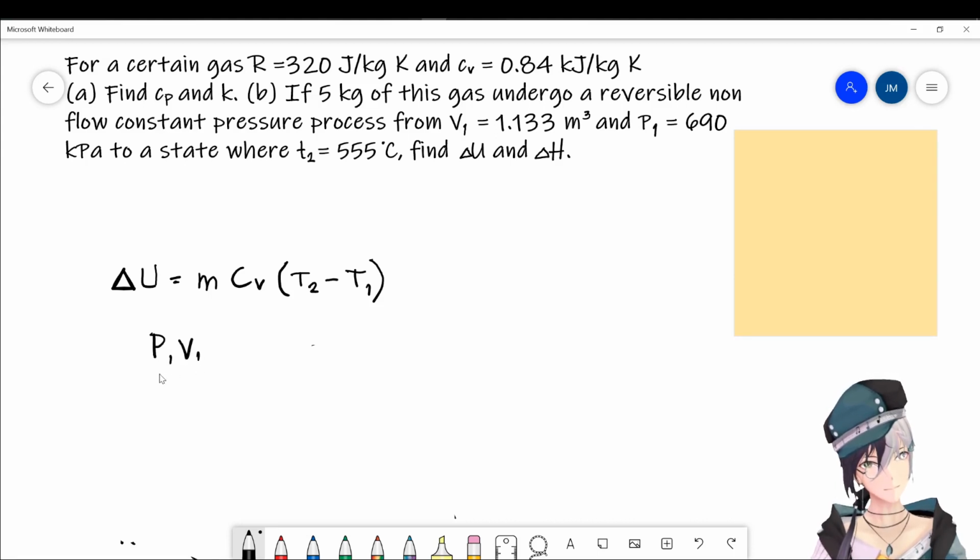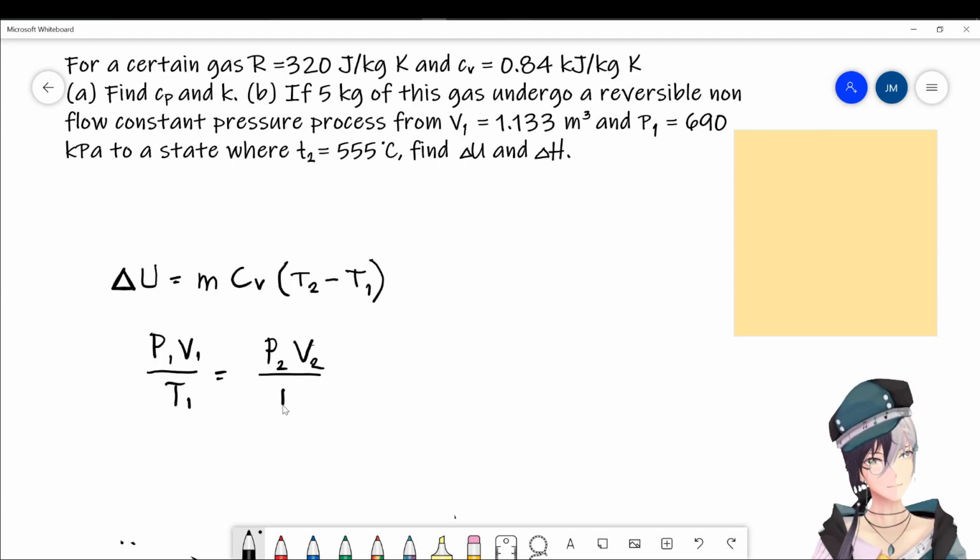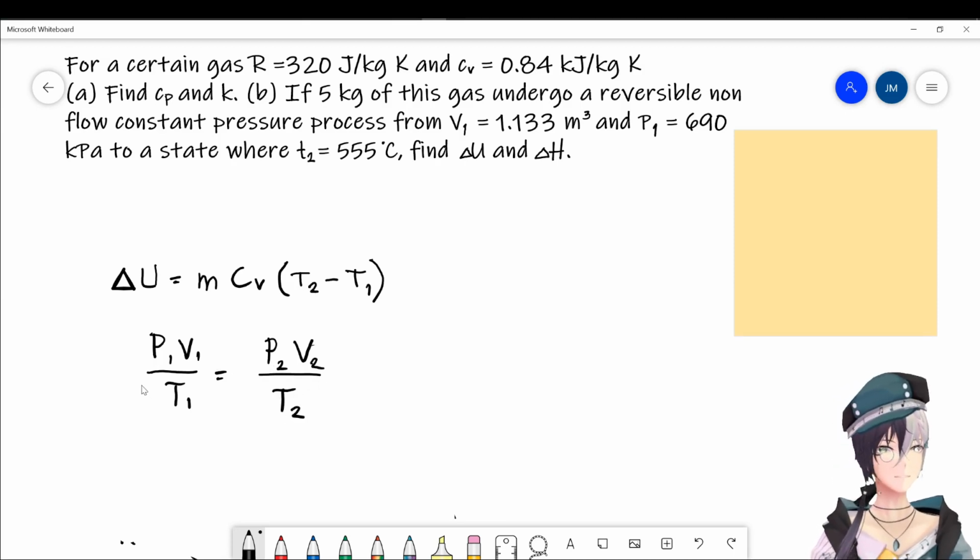Pressure 1, volume 1, temperature 1, and then pressure 2, volume 2, temperature 2. This one undergoes a constant pressure process.